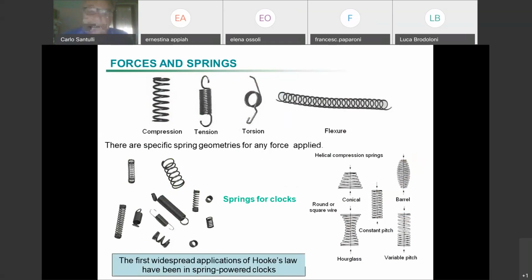You can have some compression springs, not just in a cylindrical way, but also in some other kind of structure, which were allowed to move in different ways and to stop the device, whatever device.